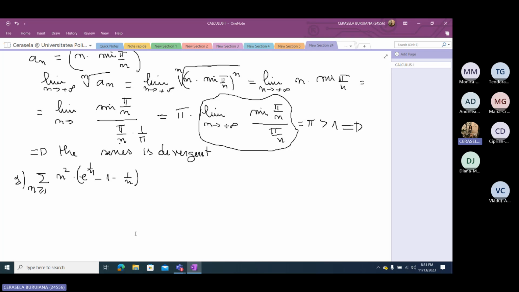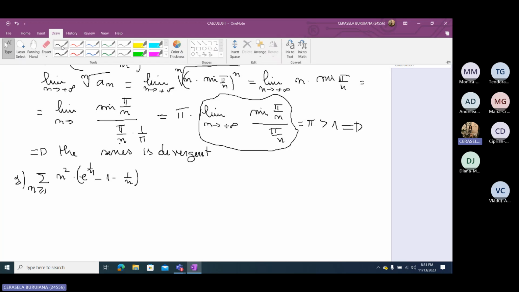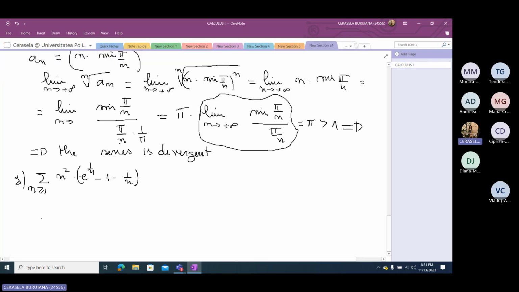You may try, but an idea that will be useful here is just by curiosity to take the limit of the general term. Let's take the limit of the general term and see what happens.